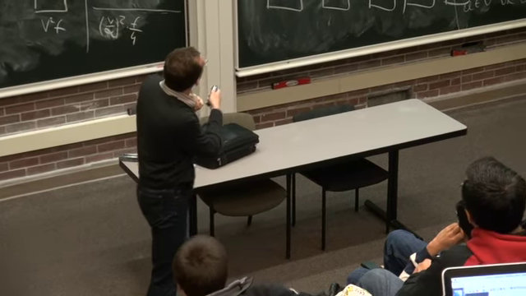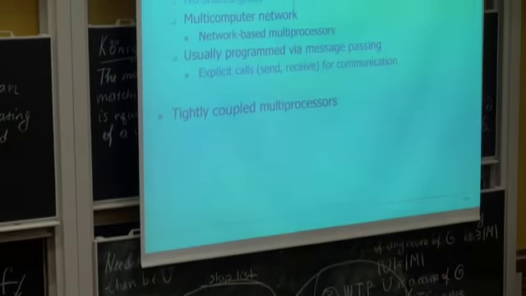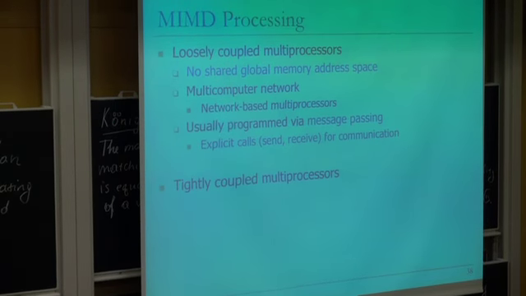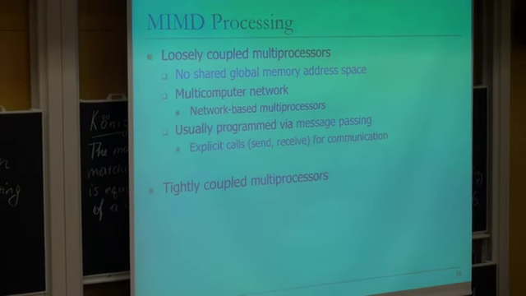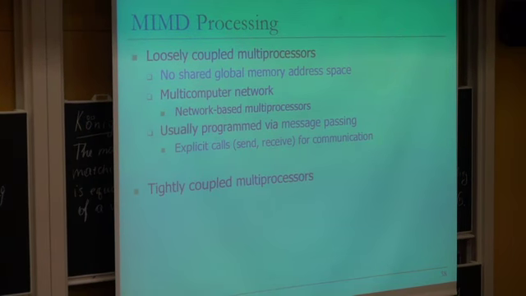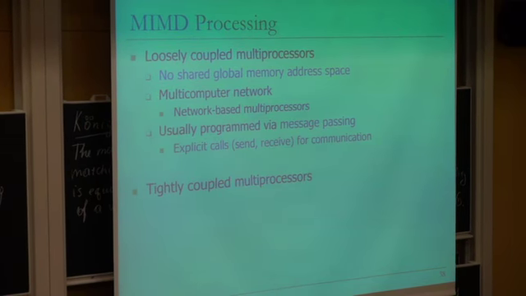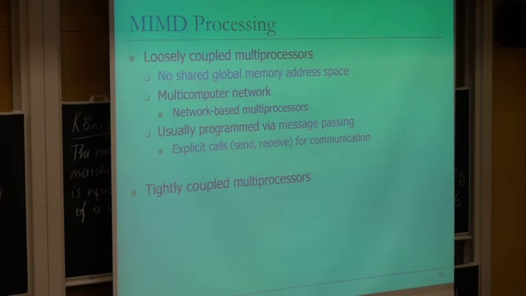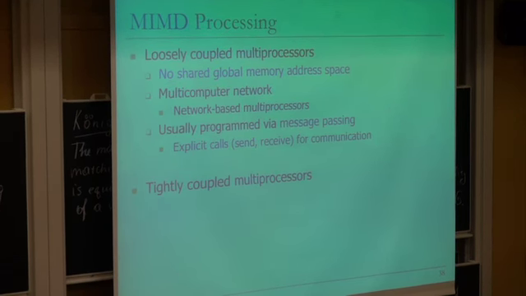So you can have loosely coupled multiprocessors. The key here is there is no shared global memory address space between one processor and the other processor. Which means that the processors have their independent address spaces.